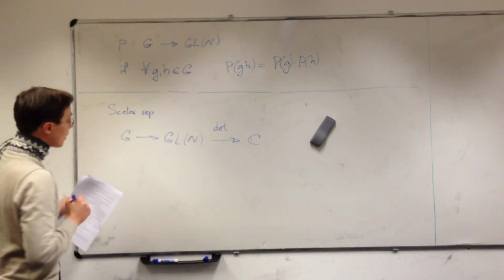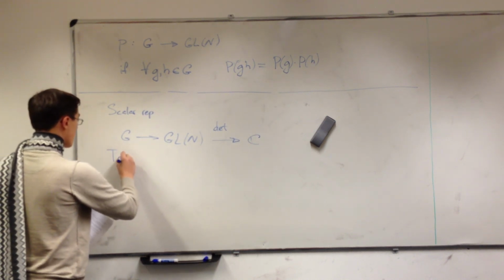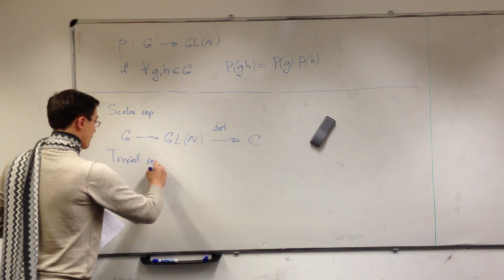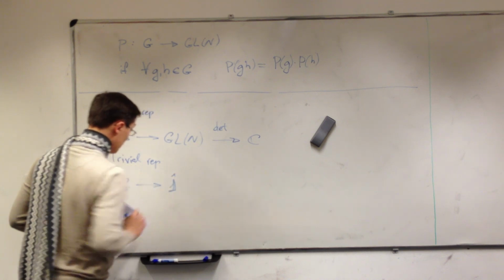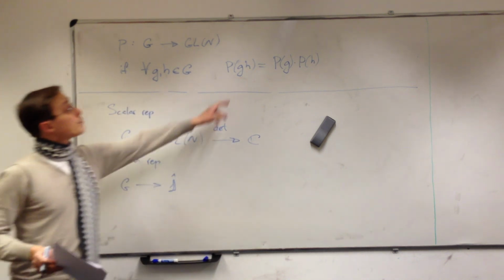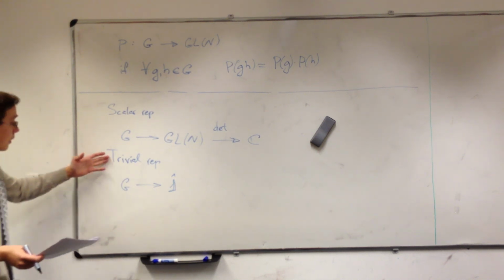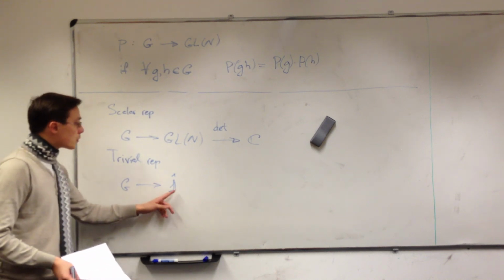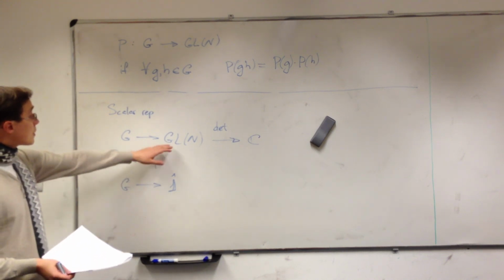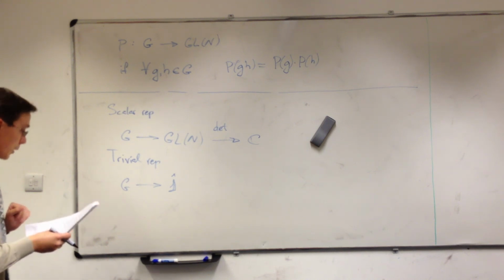And finally, the perhaps worst possible representation is the so-called trivial representation, where the entirety of G is just mapped into a unit matrix. And again, this holds, so it is a valid representation, but clearly in this representation we have lost all information about the group, because we've mapped it into a trivial subgroup of GLN, which only contains a unit matrix.